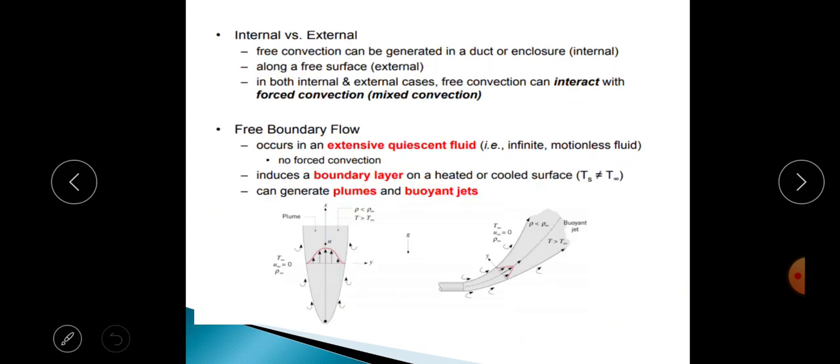So what are internal versus external flows? Free convection can be generated in a duct or enclosure, or along a free surface. In both internal and external cases, free convection can interact with forced convection, which is sometimes called mixed convection.